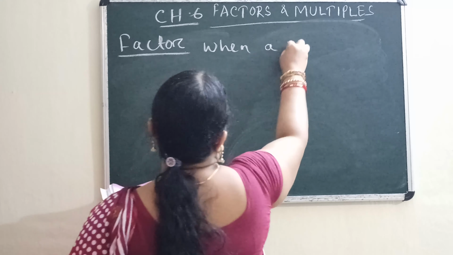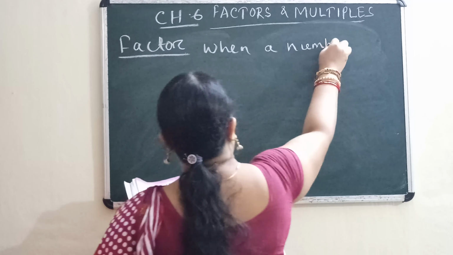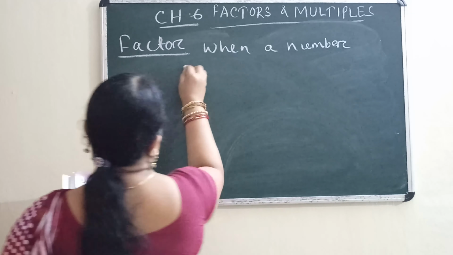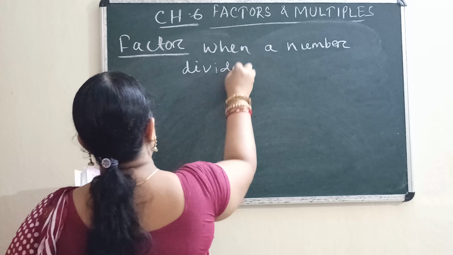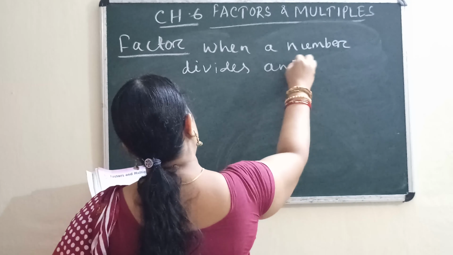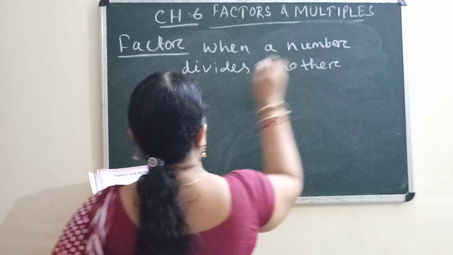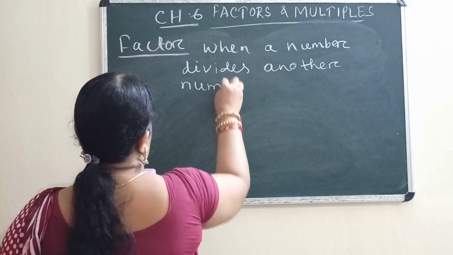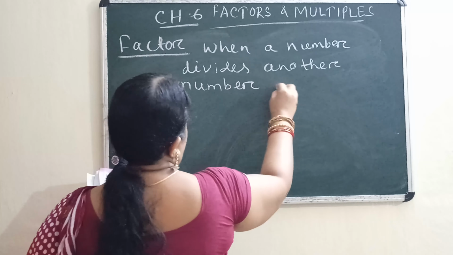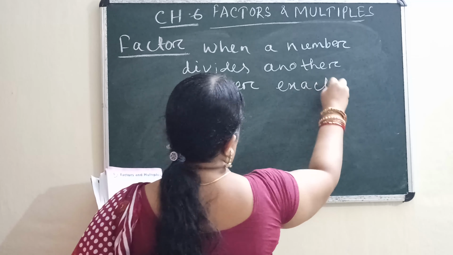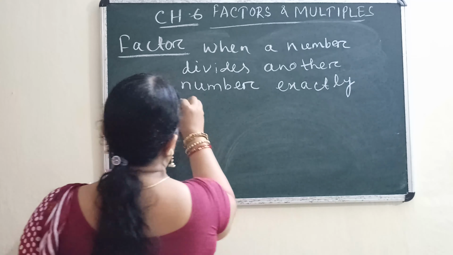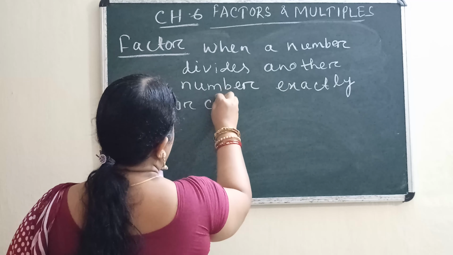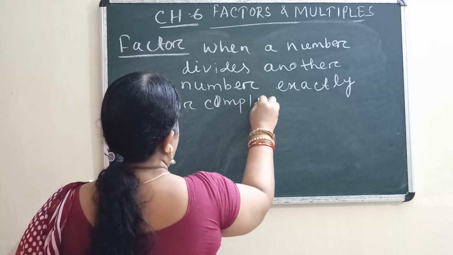When a number divides another number exactly or completely. You can say exactly or completely.